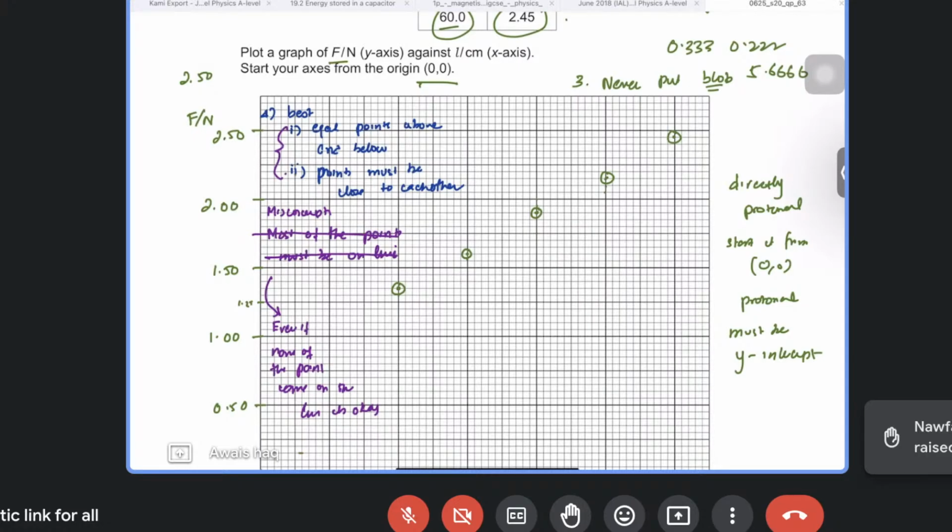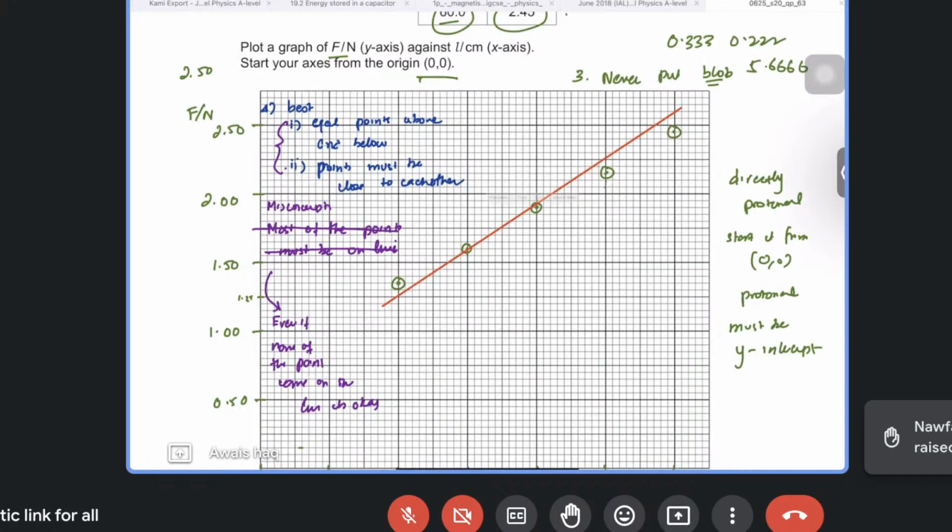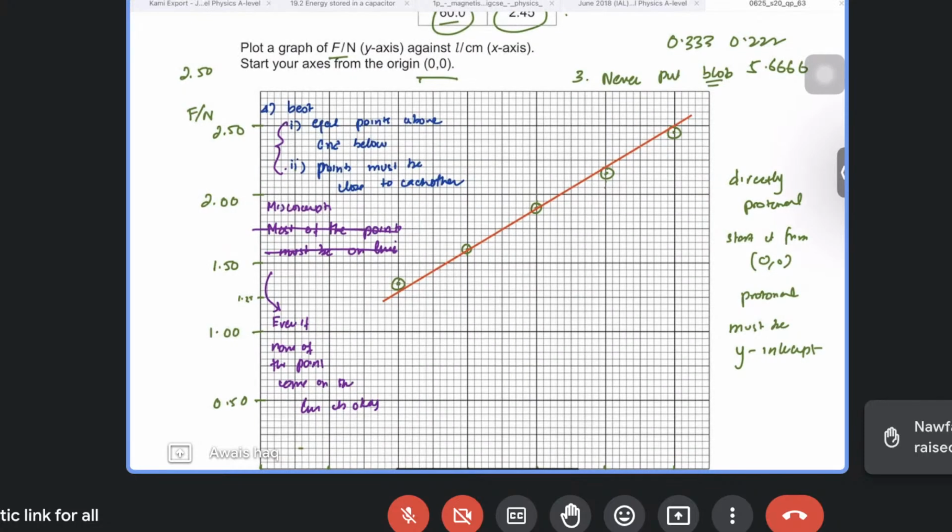Like in this, there's only 5 points, so one has to be on the line. So I'm going to make a line like this, and the line should be closer to all points. In the actual exam, I would have drawn something even closer. Keep doing this until you're really close to all points and the points are sort of equally divided.